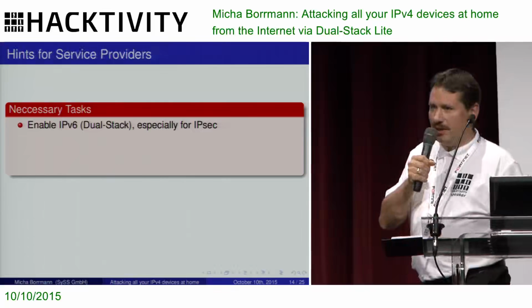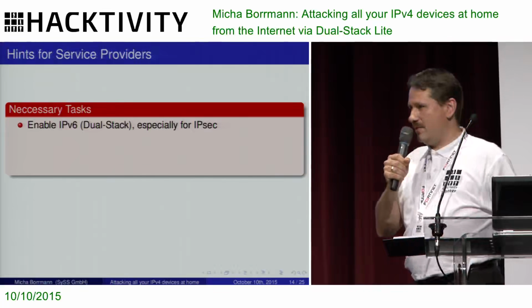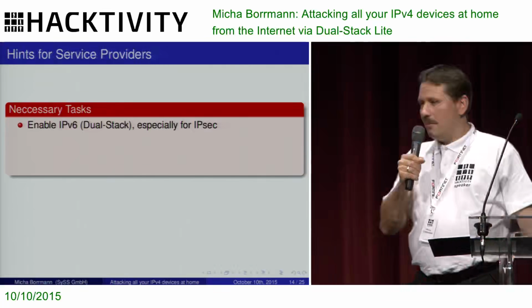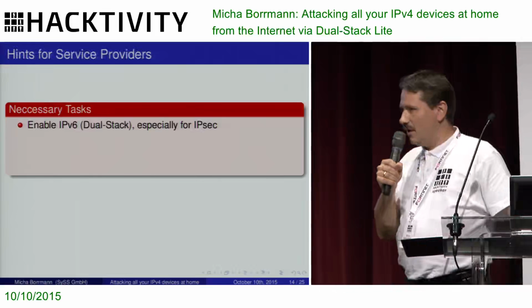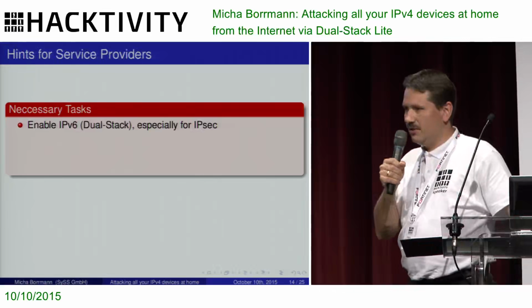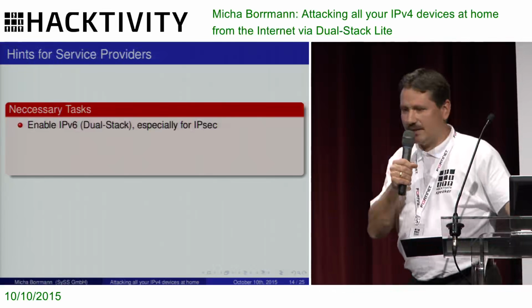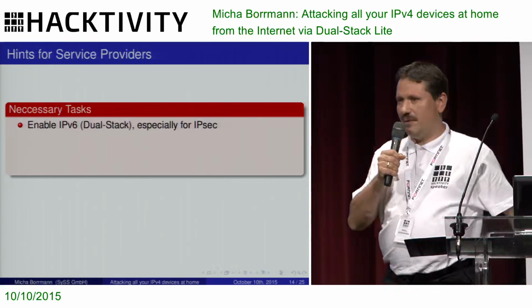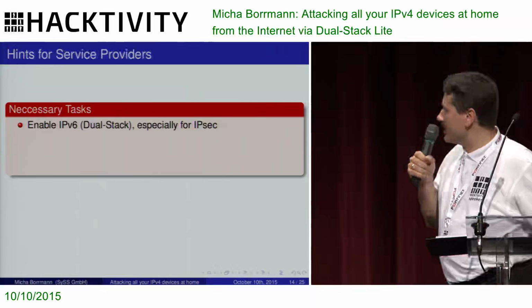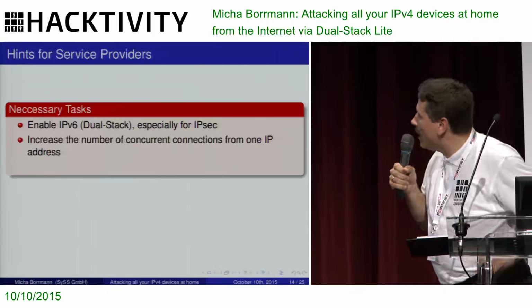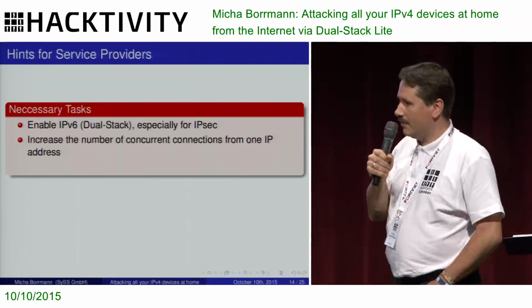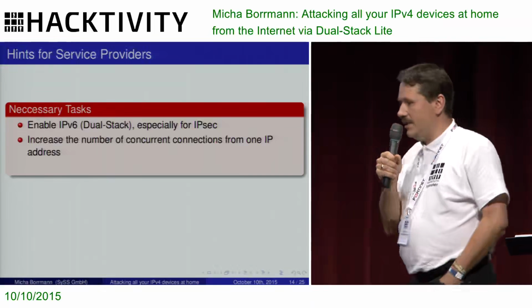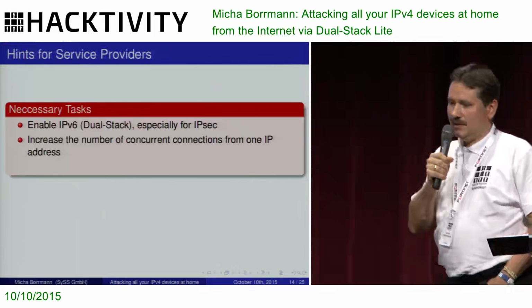And also the access providers don't like to pay for these AFTRs because it costs money and they don't have to do it if IPv6 is available. If people go to Facebook, to Google, to YouTube, whatever, all these sites are available natively with IPv6, but other sites not yet. The other point is, if you have IPv4 services, increase the number of current connections.